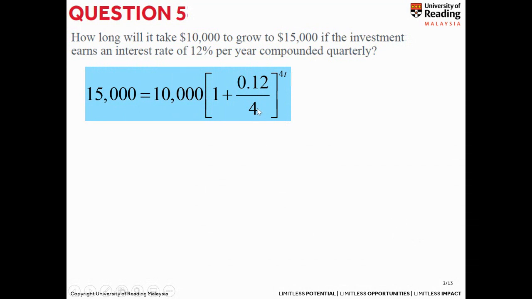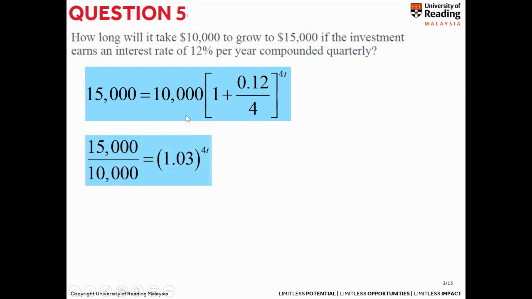Quarterly, M is 4. The number of years we do not know, so we use t to represent it. We bring the 10,000 over to the left hand side and simplify the bracket. Now simplify the right hand side and switch the side. So you will get 1.03 power 40 equal to 1.5.